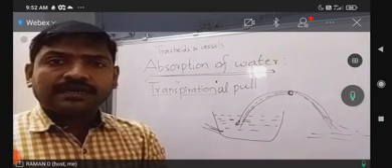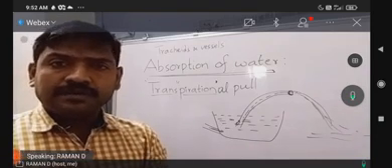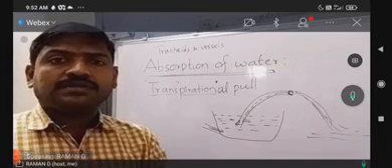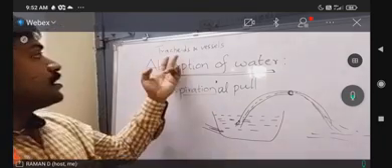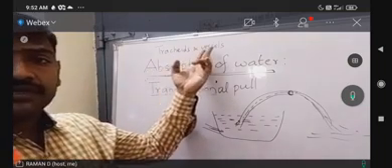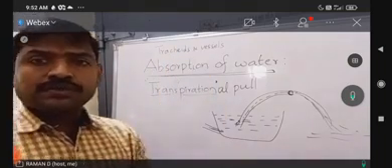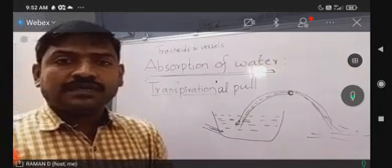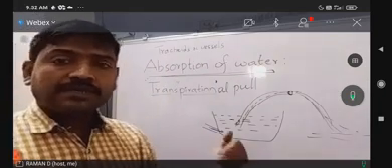However, the continuous water column is maintained by the continuous connection of tracheids and vessels of roots, stem and leaves. This is how transportation of water is taking place.